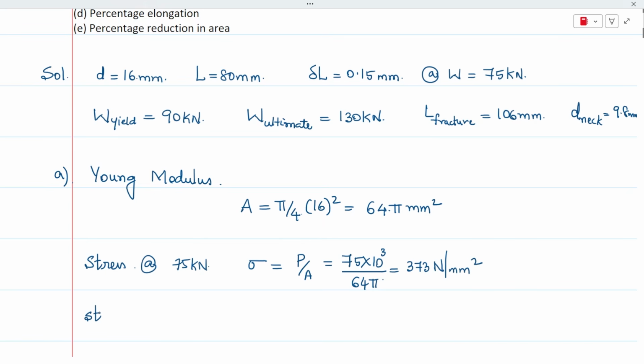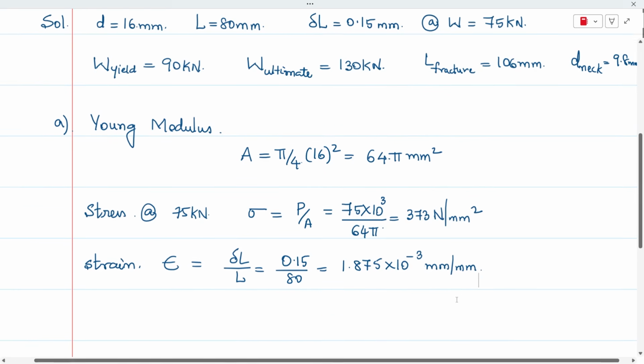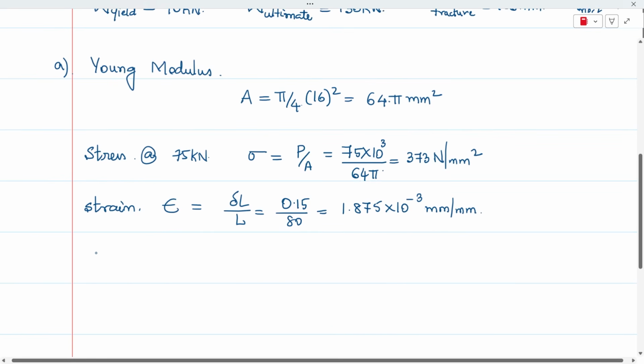Strain produced, epsilon, equal to change in length by original length. Change in length is 0.15 and original length is 80 mm. So this gives us 1.875 into 10 power minus 3 mm per mm. Next is Young's modulus.